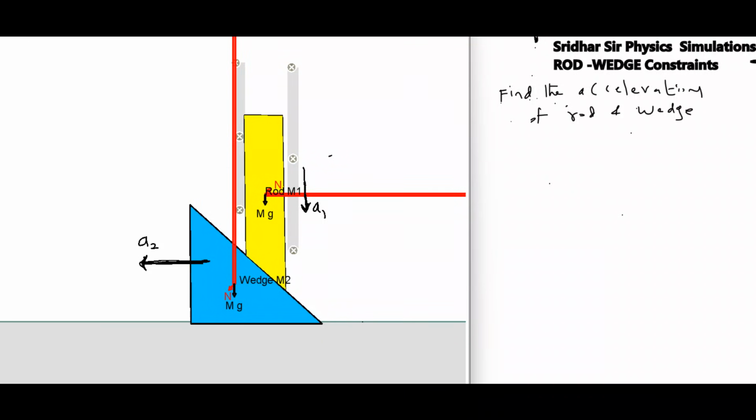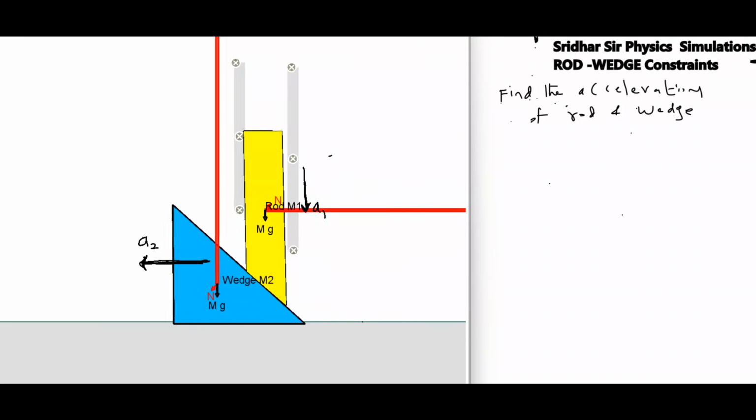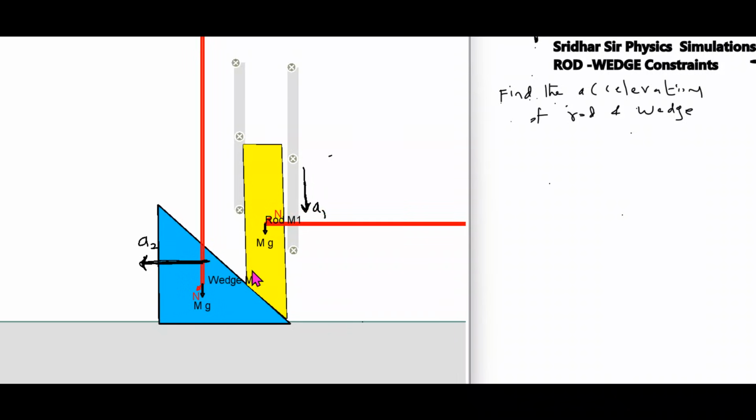The rod is moving along the y-axis, the wedge is moving along the x-axis. What are the forces acting? Here this N we will resolve: the components are N sin theta and N cos theta.